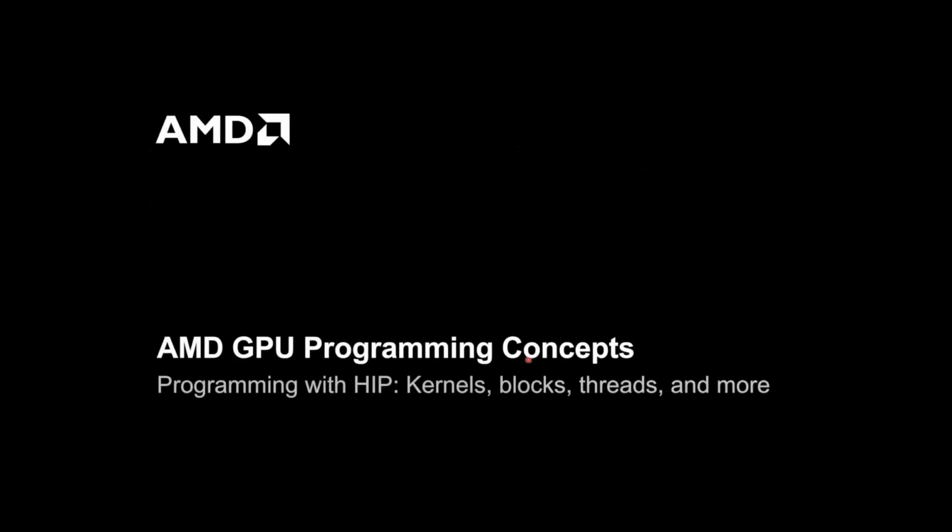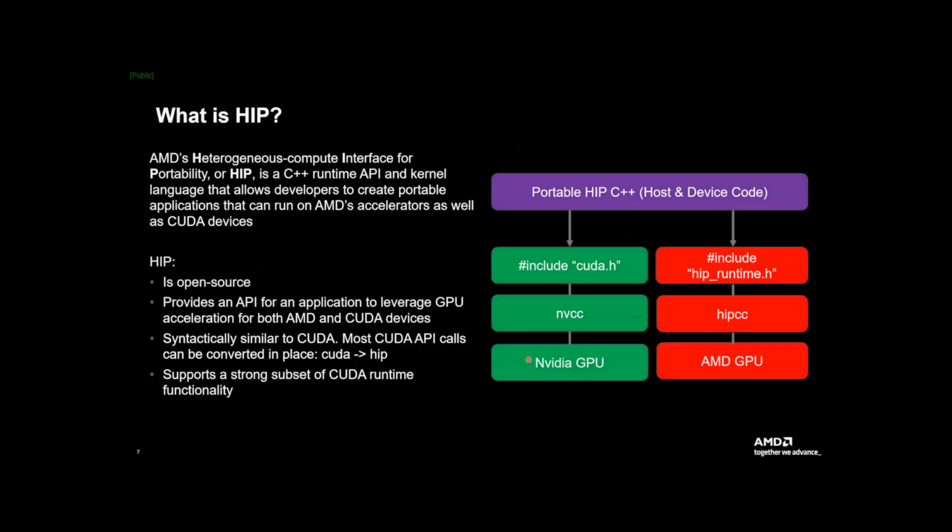So let's talk about some AMD GPU programming concepts. People who know about CUDA will be familiar with some stuff. Not almost everything, it depends. Now, about HIP. HIP is portable. What do I mean by portable?